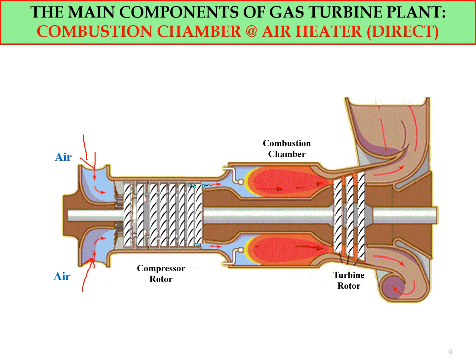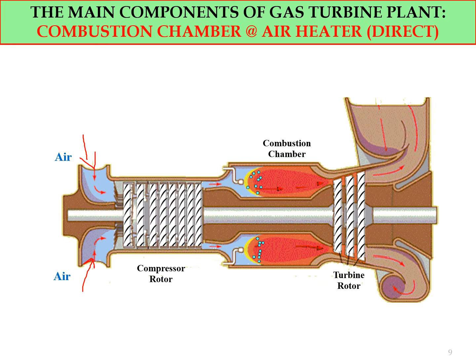The air goes into the compressor and will be compressed by the compressor. The output of it will go into the combustion chamber here, and in the combustion chamber the fuel will be injected, and the combustion will occur here.